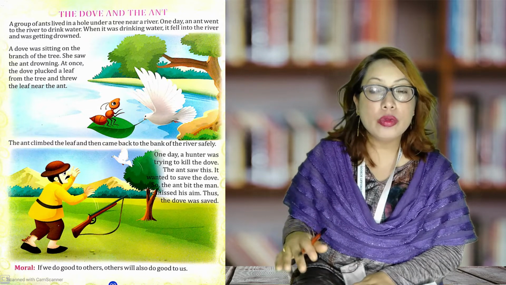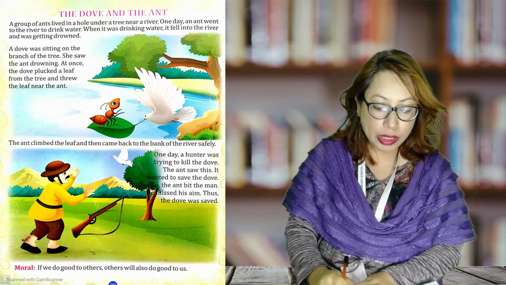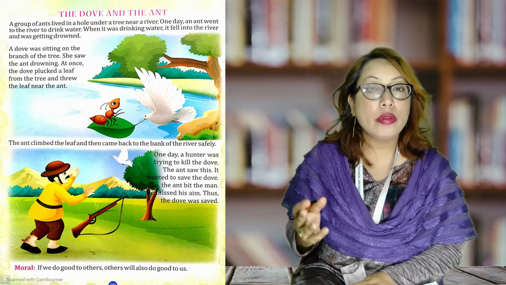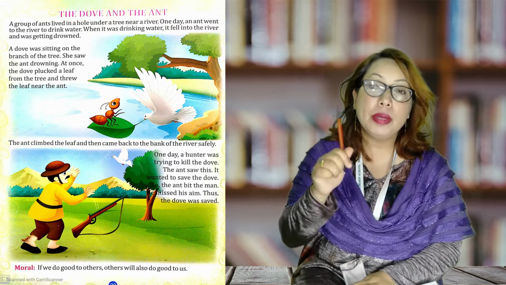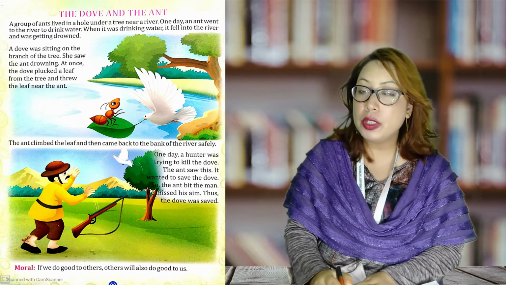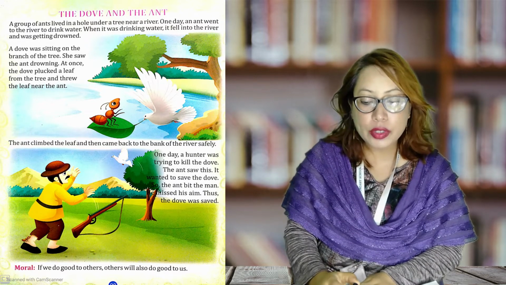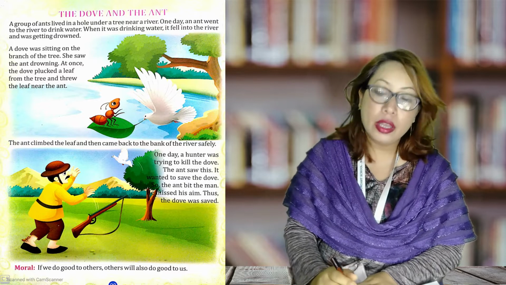First and foremost, you should state the setting of the story. That means when and where the story is taking place. That is the place and time of the story. Like in this particular story, it has been mentioned that they lived where? They lived under a tree near a river.